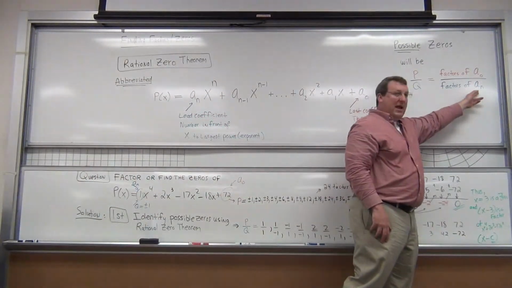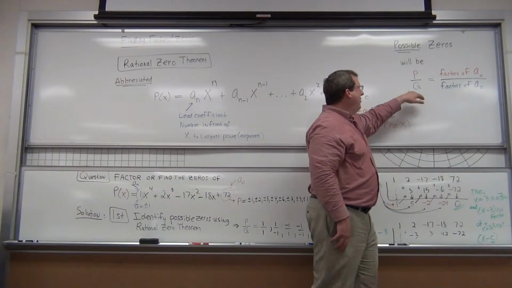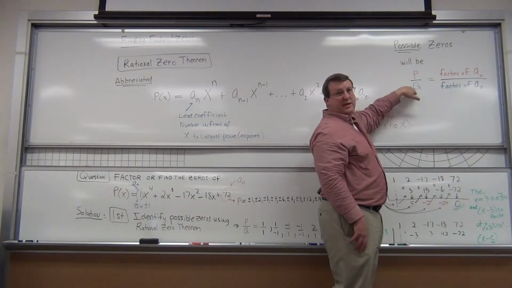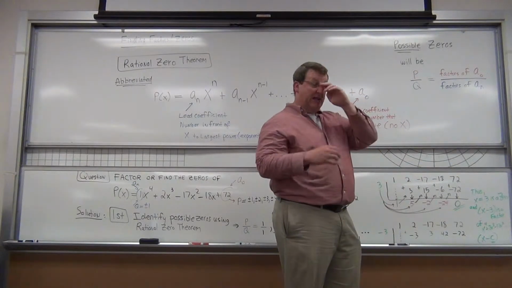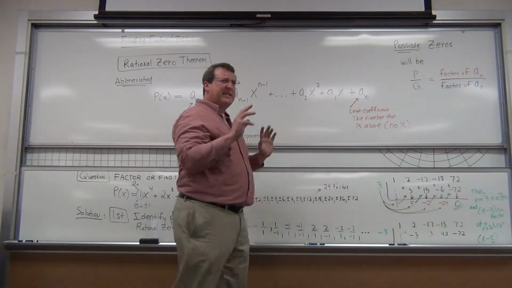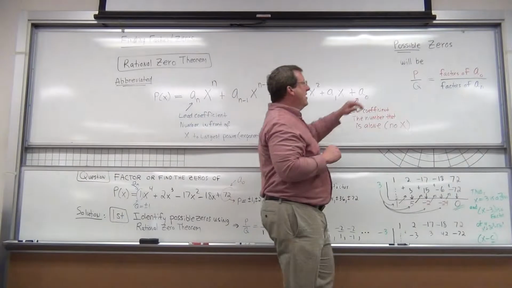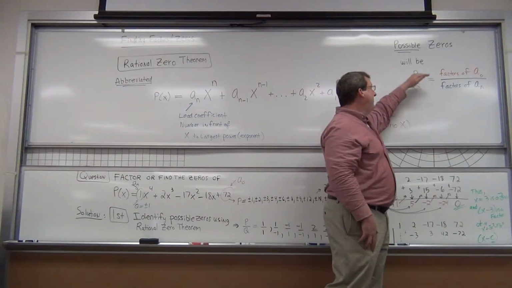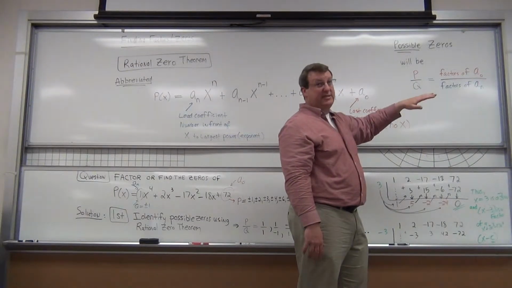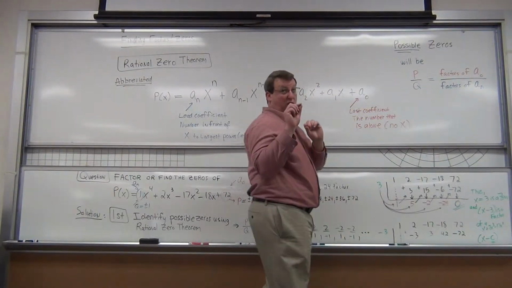You factor an. We call those numbers q. And essentially, you divide p divided by q. Those are the possible zeros. So let's kind of see this in action. But I want you to understand the possible zeros are p divided by q. And there's a whole bunch of p over q's. And they're not all going to be zeros, but they kind of guide you to where you should start looking.